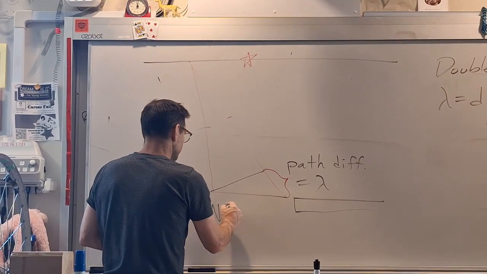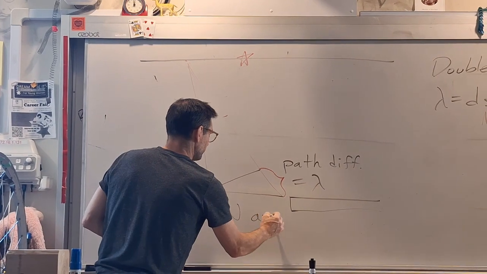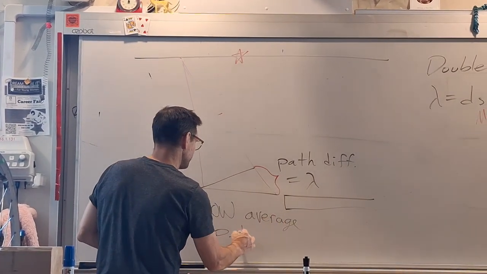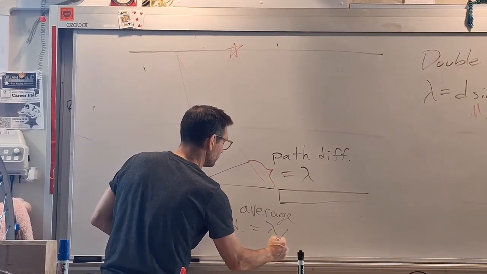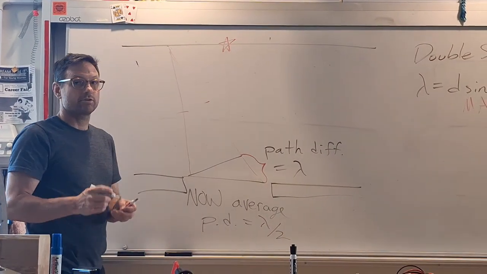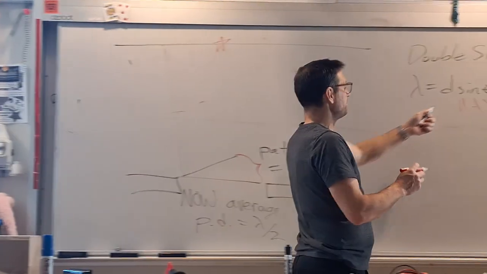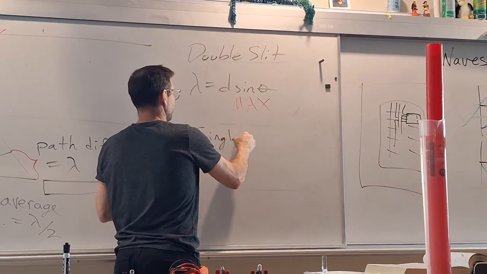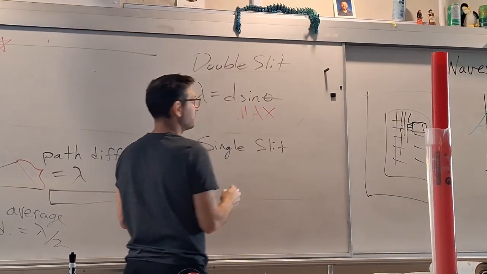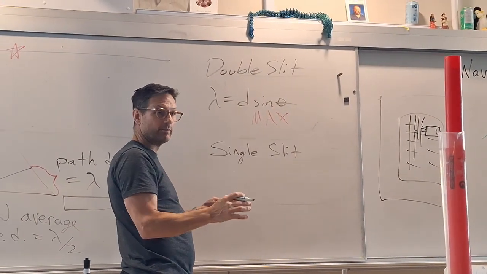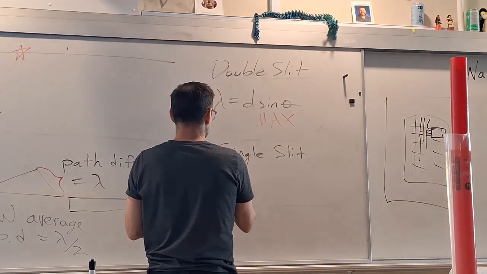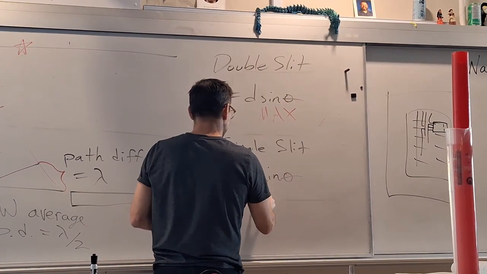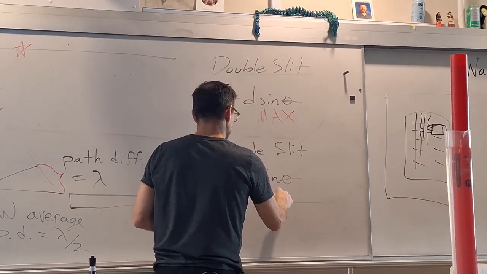So now your average path difference is equal to lambda over 2. So for single slit, you can use the same equation, but what does it result in? A minimum. A minimum, a dark spot. So when lambda equals d sine theta in a single slit, you're going to get darkness.